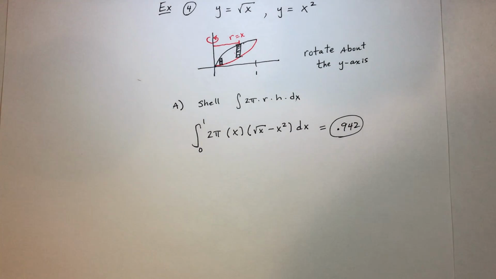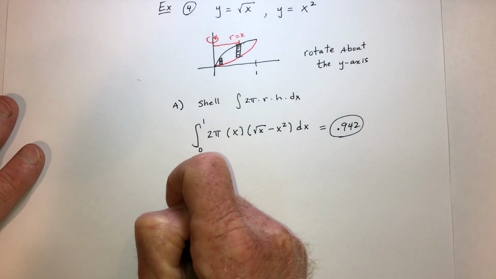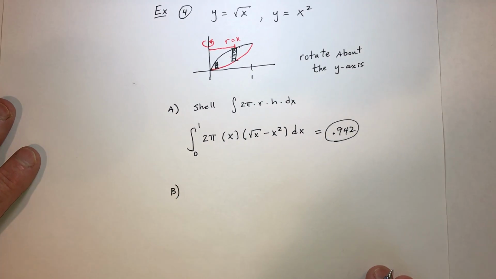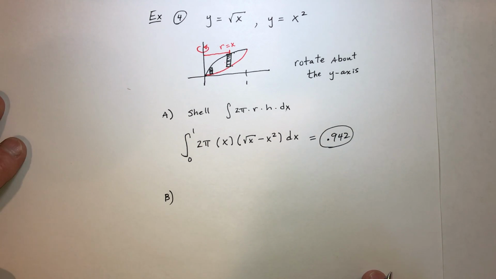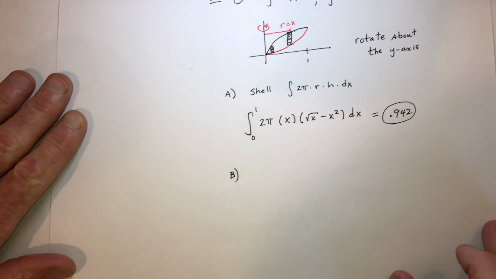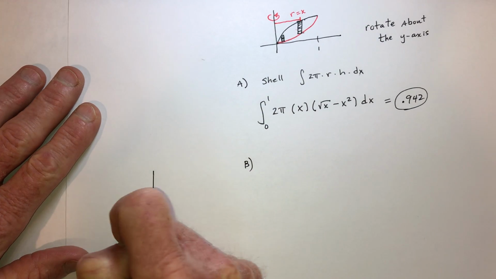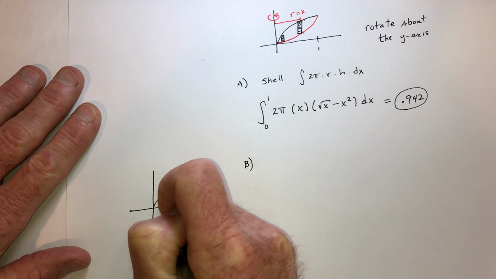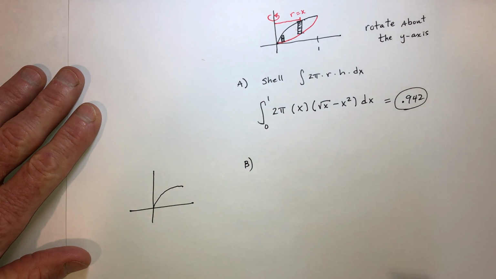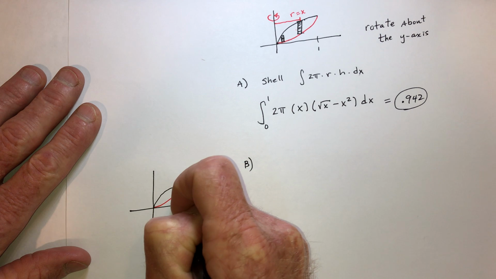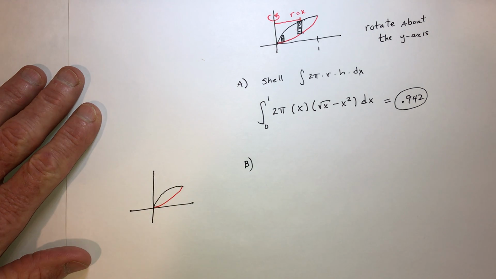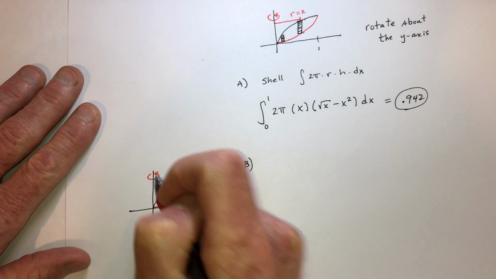All right. Now, part B. Do the same thing, but in a different way, and hopefully we'll get the same answer. That's what we're supposed to do. So for part B, here's the square root function, here's the x squared function, and we're still rotating it about the y-axis.